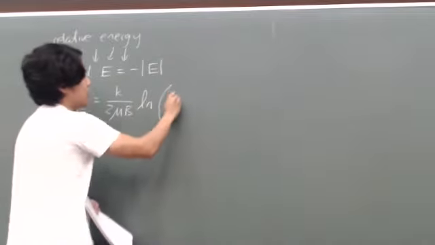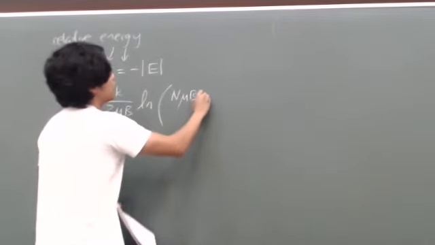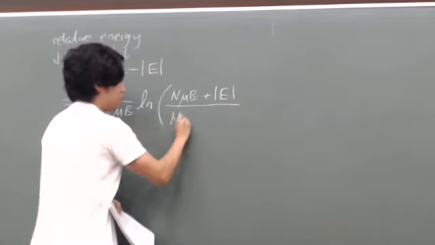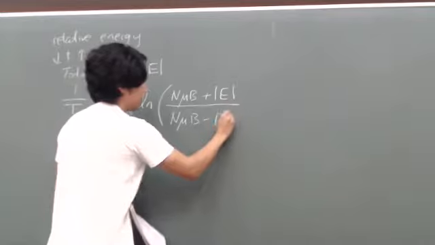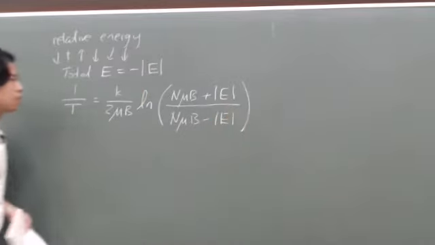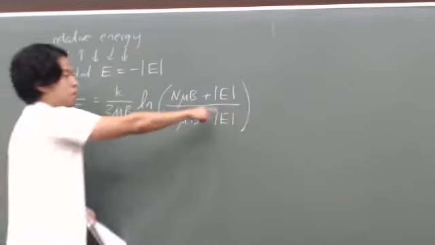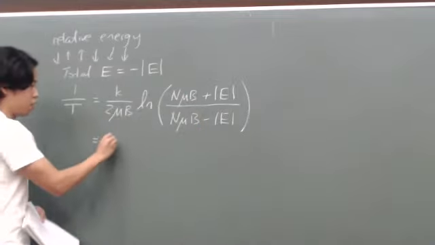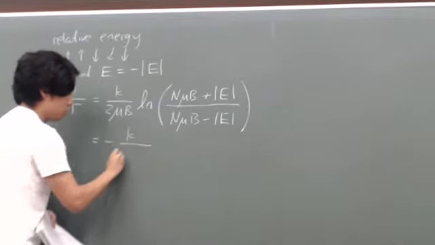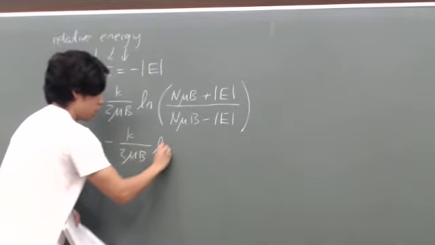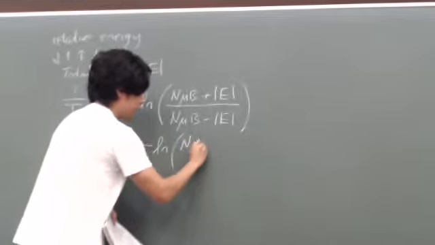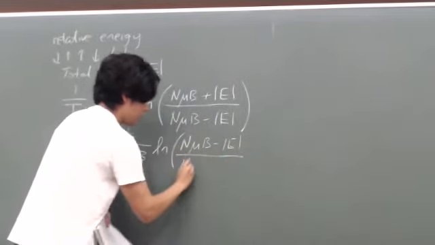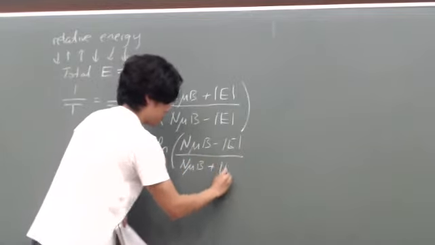So rather than N mu B minus E, you're going to get N mu B plus E divided by N mu B minus E. It looks almost the same as above, except you flip the signs in the numerator and denominator. And you can, of course, flip that again with the log laws: 2 mu B log of (N mu B minus E) divided by (N mu B plus E).